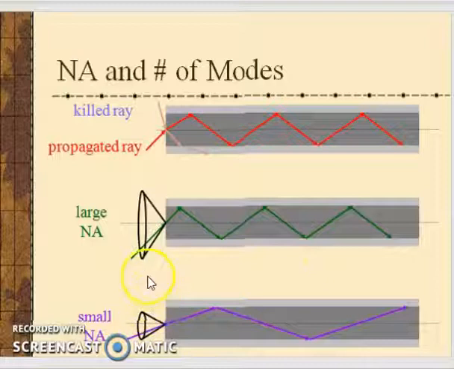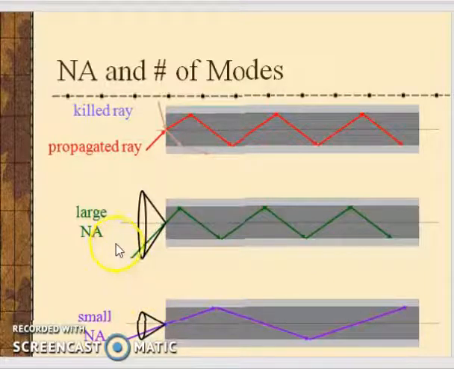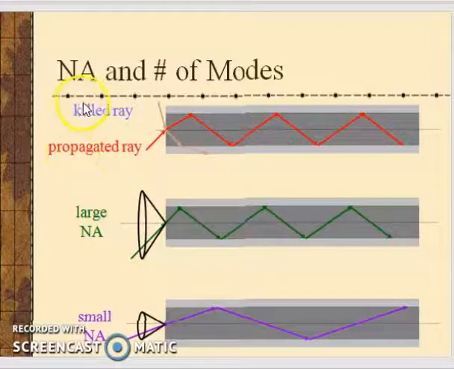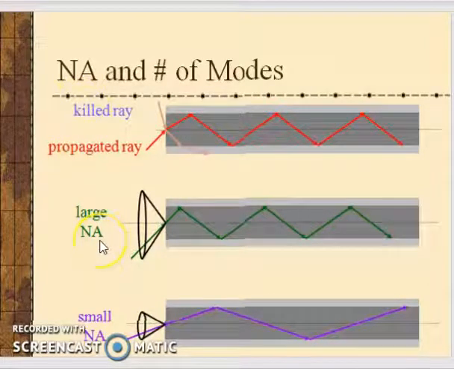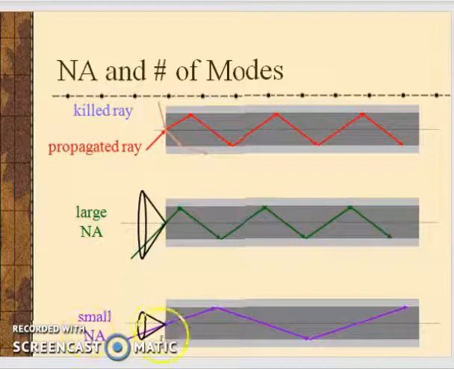Some phenomena related to the optical fibers are numerical aperture and acceptance angles of the optical fiber cable. This is the large numerical aperture and this is the small numerical aperture.